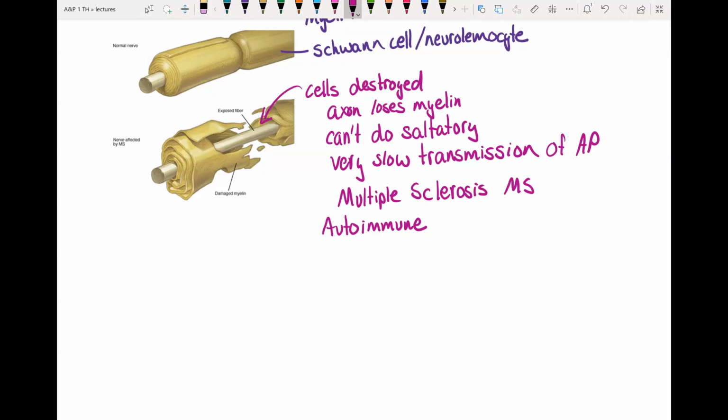So it's the immune system that is destroying these cells. And that's why one of the symptoms of MS is very slow movement, because it takes a long time to get that action potential down the motor neurons and secrete the acetylcholine onto the muscles. So the responses are very slow.